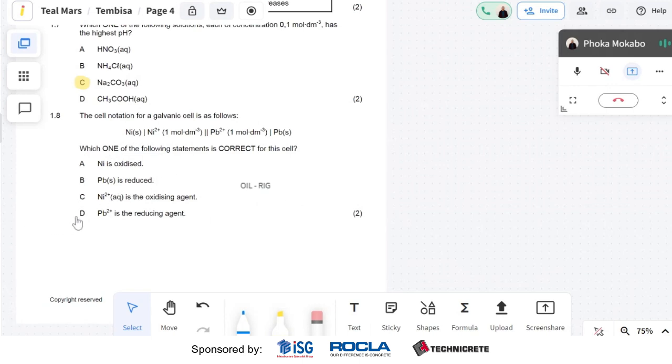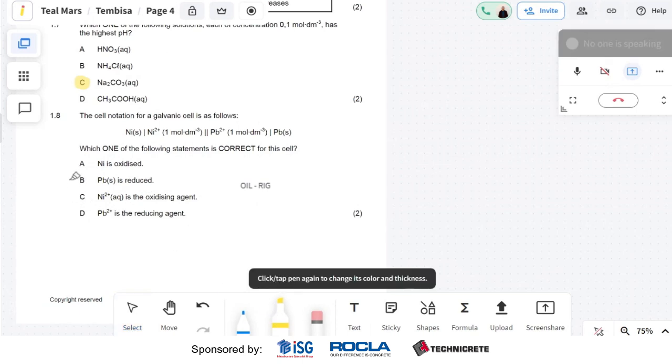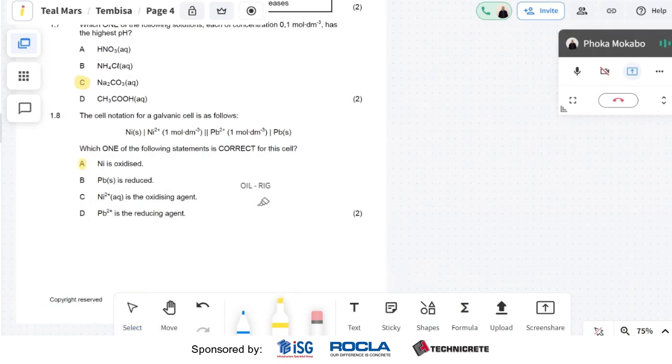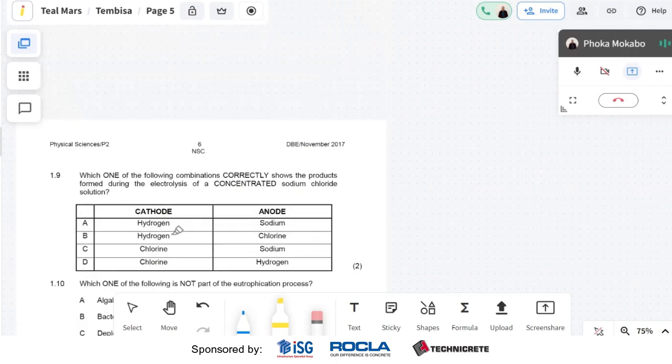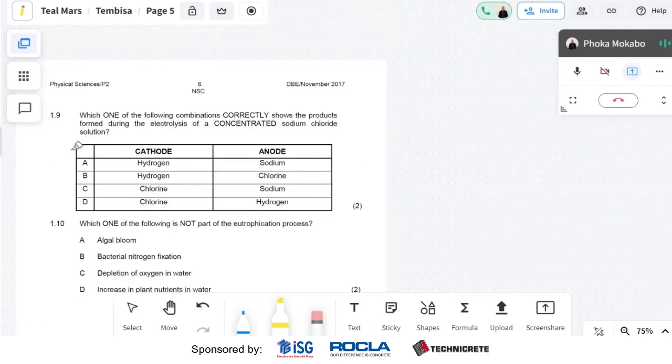That crosses out C and D as possible options. Pb2+ is reduced is incorrect because it's not Pb that is reduced, but the ionic form of lead is reduced, which leaves us with A, nickel is oxidized. There we go.